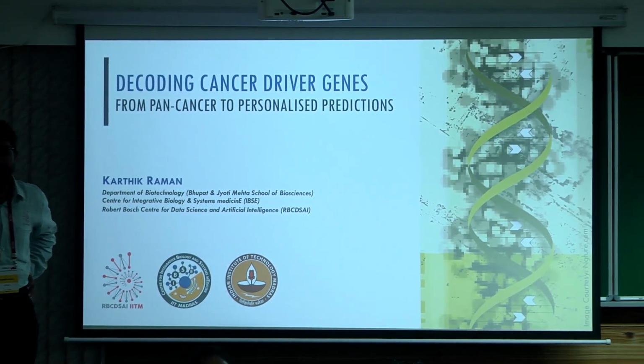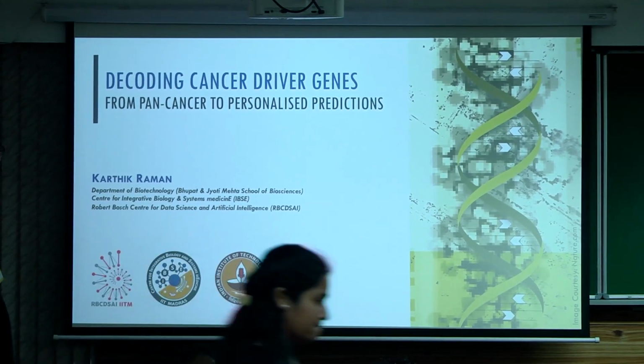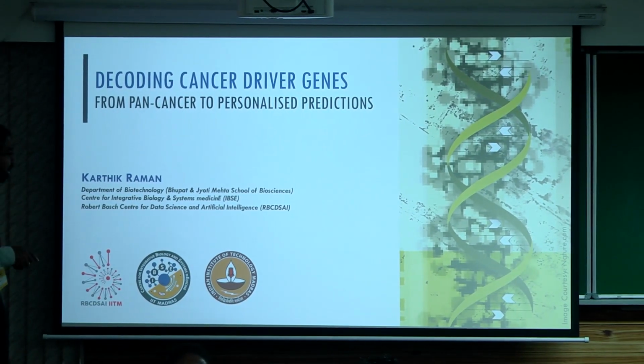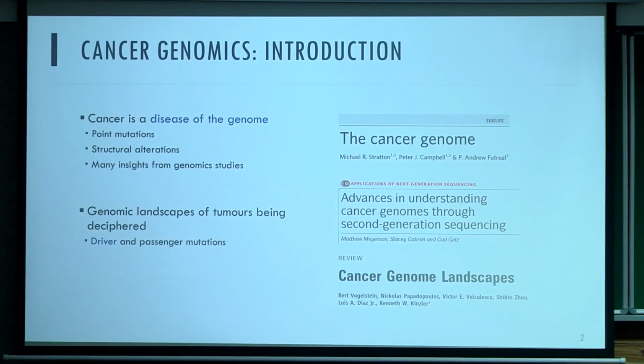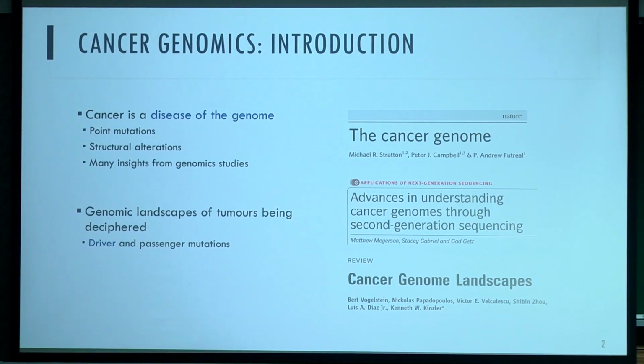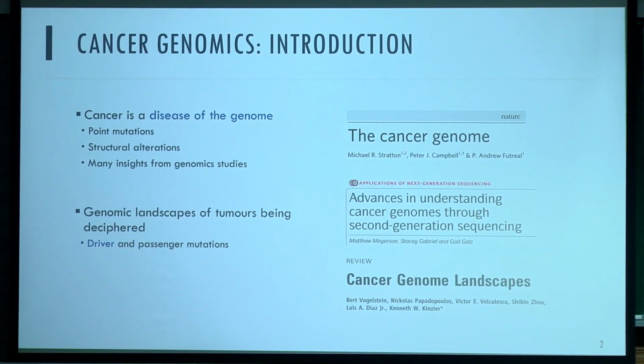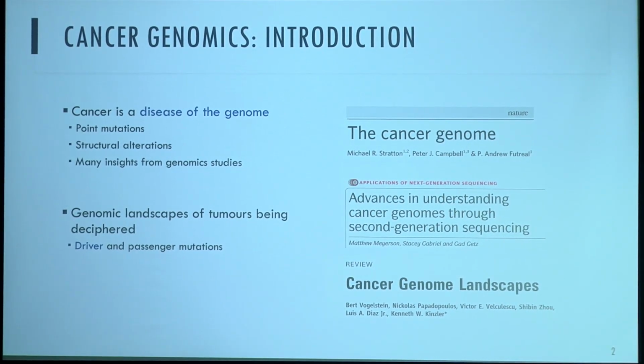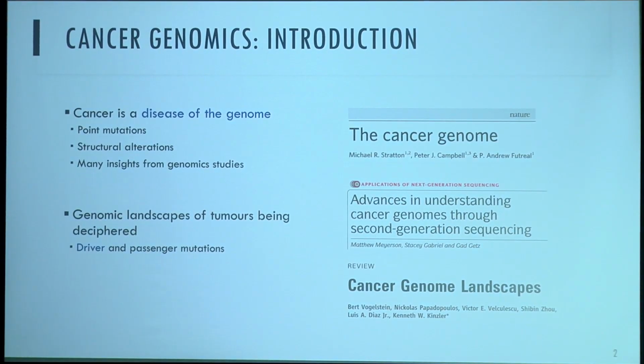So today I'm going to talk about decoding cancer driver genes. I'll tell you a little bit more about it as we go on. So I think everybody is now very familiar with cancer genomics, but essentially cancer is a disease of the genome. And we have various kinds of alterations that you find in cancer genomes. There are point mutations, structural alterations, and so on.